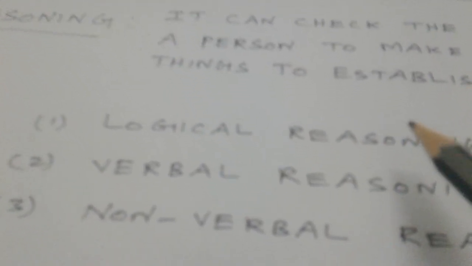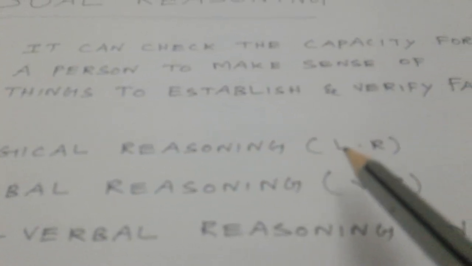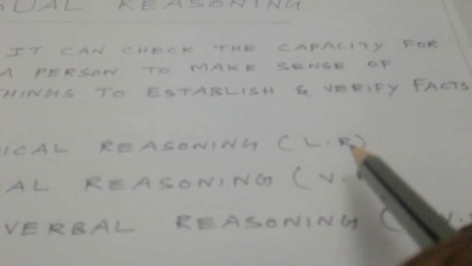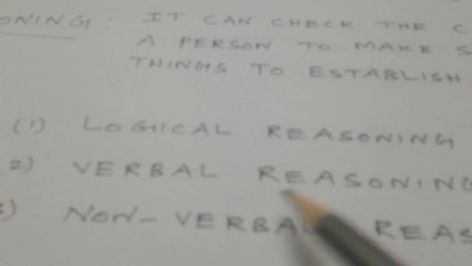In visual reasoning, there are three types involved. The first one is logical reasoning, in short form LR. The second one is verbal reasoning, and the last one is non-verbal reasoning.